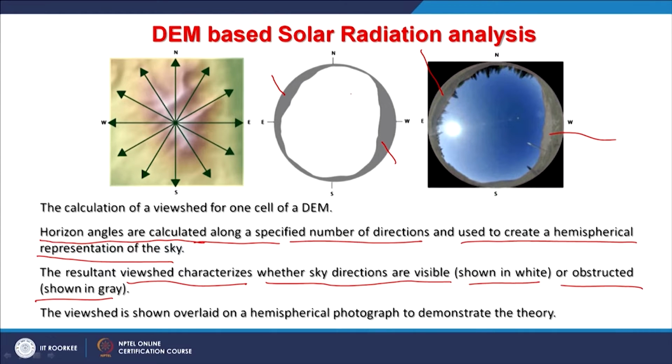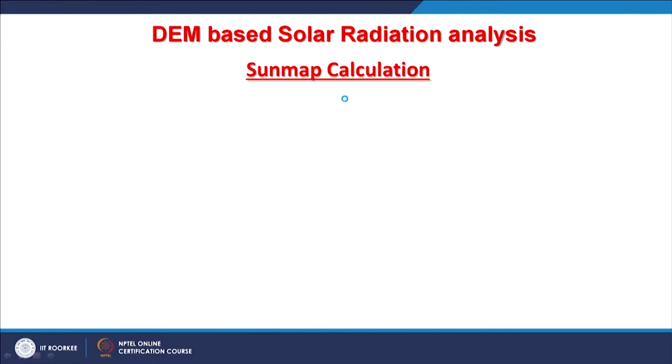And this viewshed which you are seeing in the center is shown overlaid on the hemispherical photograph to demonstrate the theory. For your estimations in GIS and for solar, this upward hemisphere will provide this kind of output.